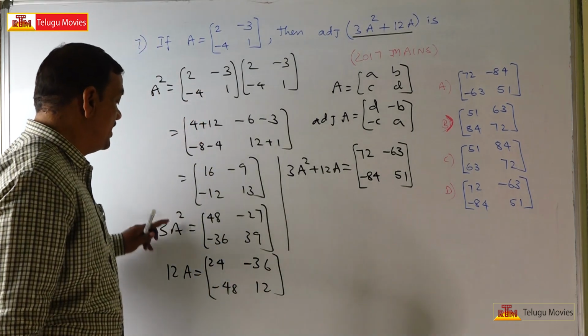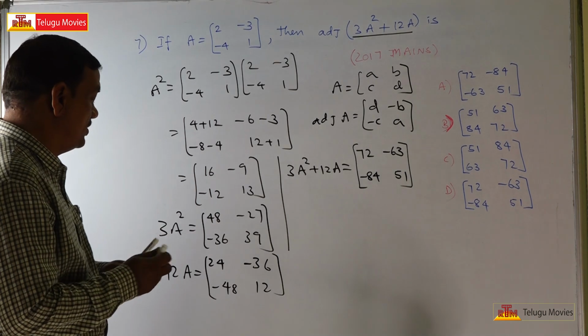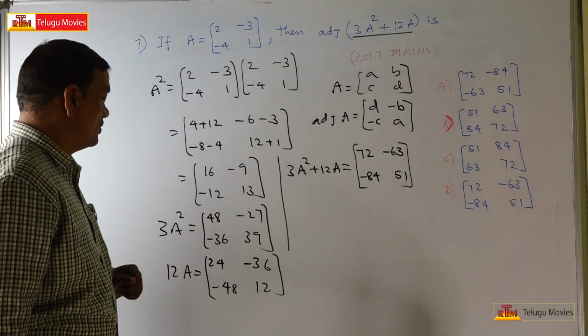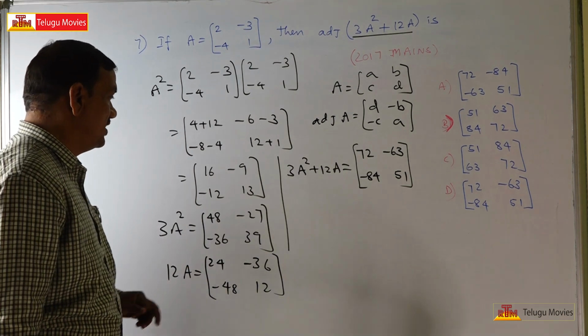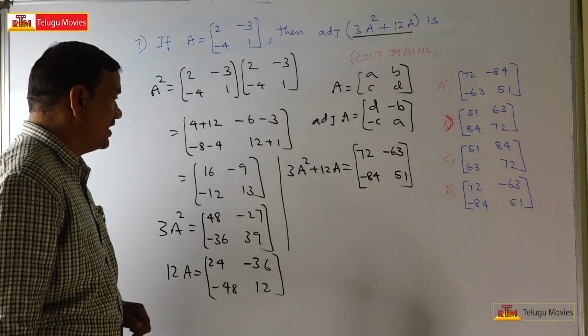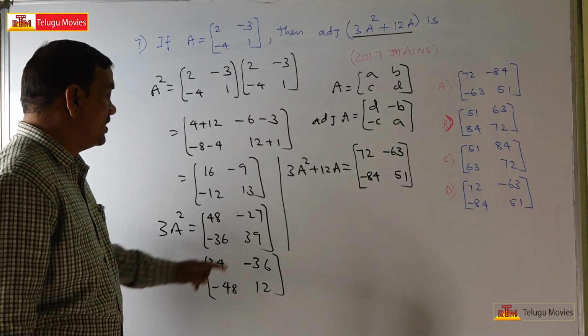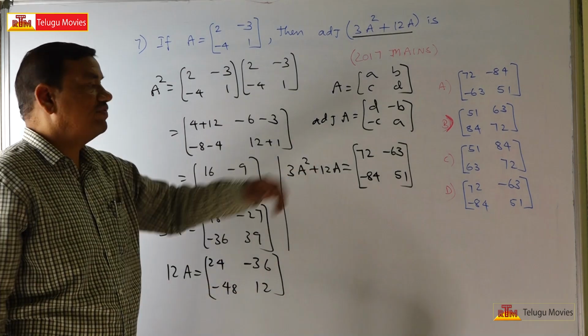Right? So 3A square plus 12A means 48 plus 24, 72; minus 27 minus 36, minus 63; minus 36 minus 48, minus 84; 39 plus 12, 51. Very easy one.